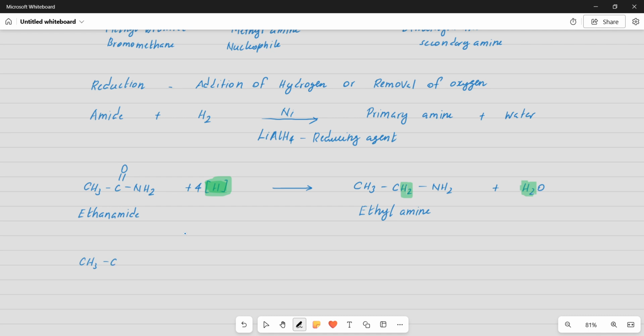If you have a substituted amide like this, this is N-methyl because the methyl group is attached to the nitrogen. So N-methyl ethanamide.